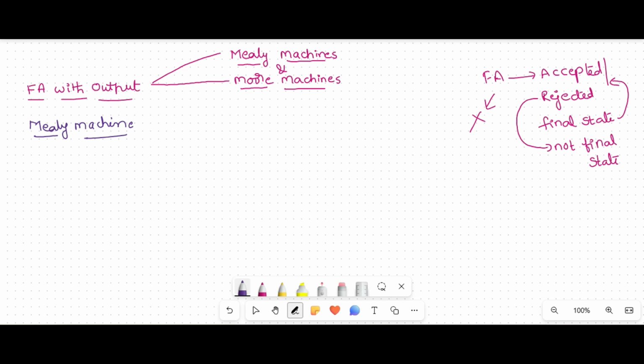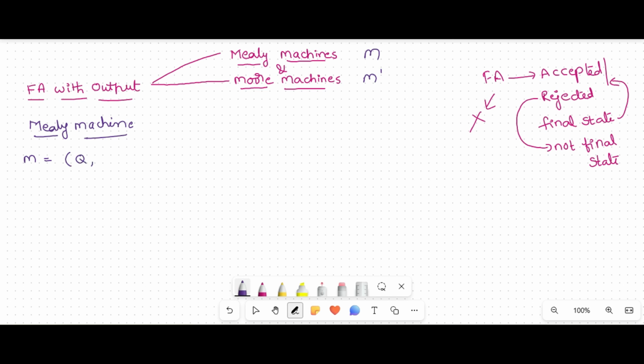Just as we represented M and M dash for DFA and NFA, for Mealy machine and Moore machine also we will represent like M and M dash. For Mealy machine we will represent like M, and for Moore machine we will represent like M dash. This M is represented with a 6 tuple representation.